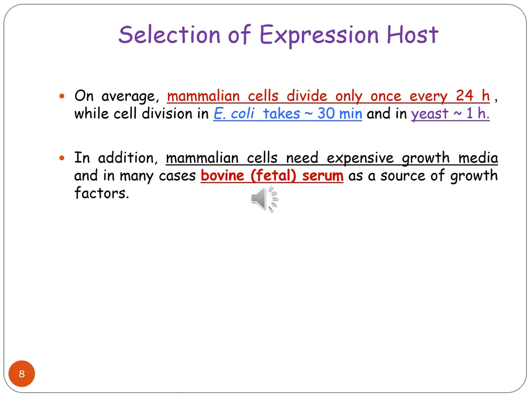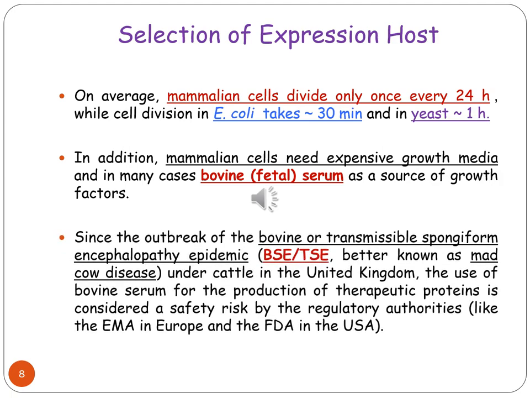Also, mammalian cells need expensive growth media, such as bovine fetal serum, which was taken from the cow fetus. Why do we use the serum? Because it's filled with the growth factors and vitamins and all the factors needed for the growth of mammalian cells. The problem with bovine serum is that it can be easily contaminated with microorganisms such as bacteria, fungus, viruses.